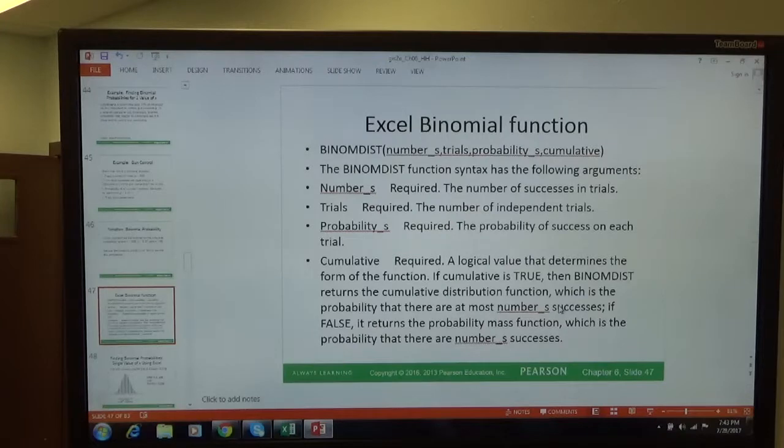The second is the total number of trials, 200. So 90, comma 200, comma 47%. Then the last one is true or false. If you select true, it's cumulative. Cumulative distribution matters for a discrete outcome.